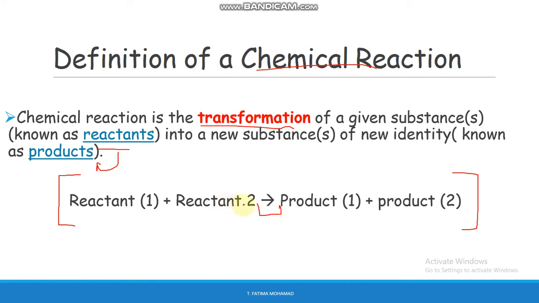Here we have two reactants and two products. It doesn't necessitate that the chemical reaction has two reactants or two products. It depends on the type of chemical reaction. We could have one reactant that will be transformed into two products, or for example two reactants that will form one product.